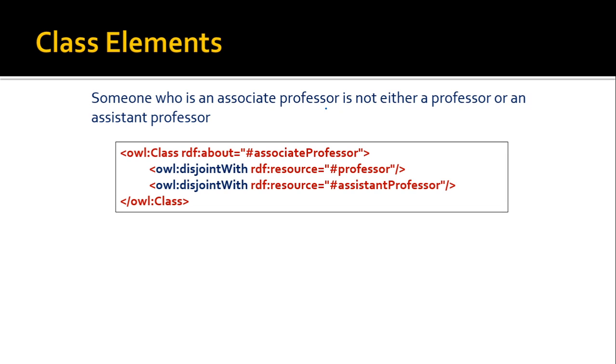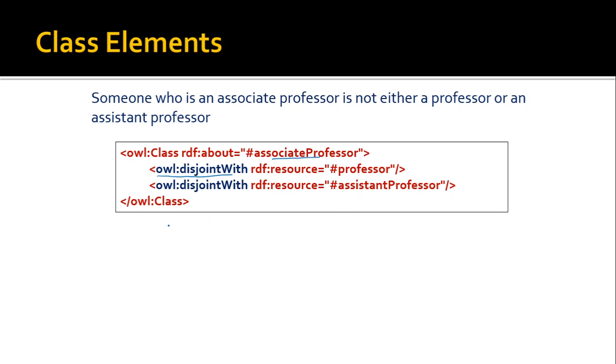We are describing this class, associate professor, and we are saying that this is OWL disjointWith. This is another vocabulary item which helps you declare two classes to be disjoint with each other, right? So I'm saying that associate professor is disjoint with professor and associate professor is disjoint with assistant professor, right?